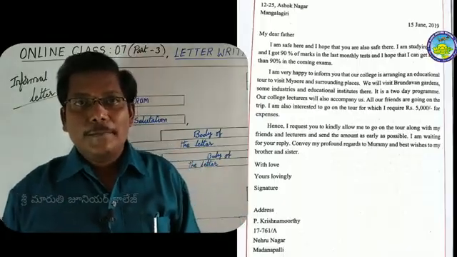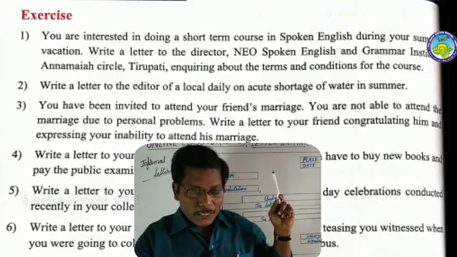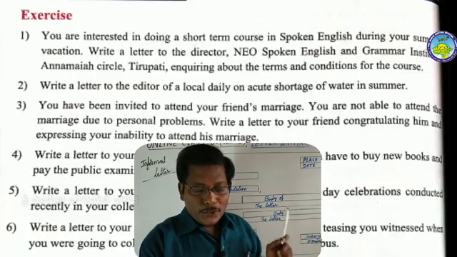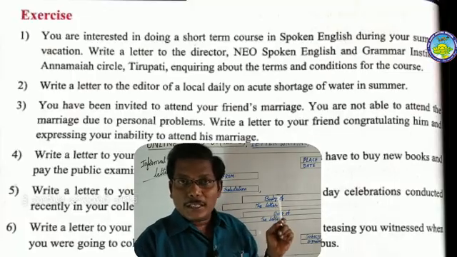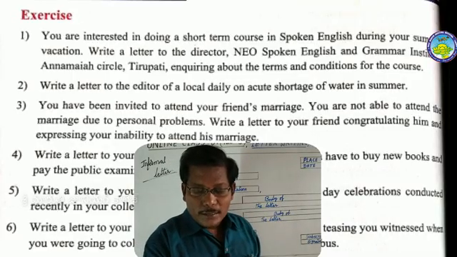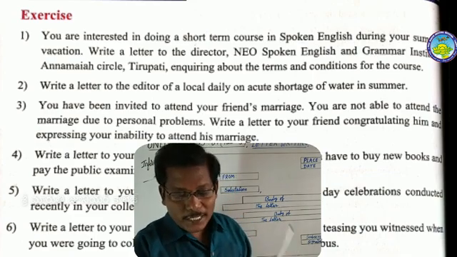Okay, understand? Now let's see some questions given at the end of this topic in the textbook. You see here exercise. In the exercise you can find 6 questions about this letter writing. You see the first one: "You are interested in doing a short-term course in spoken English during your summer vacation."